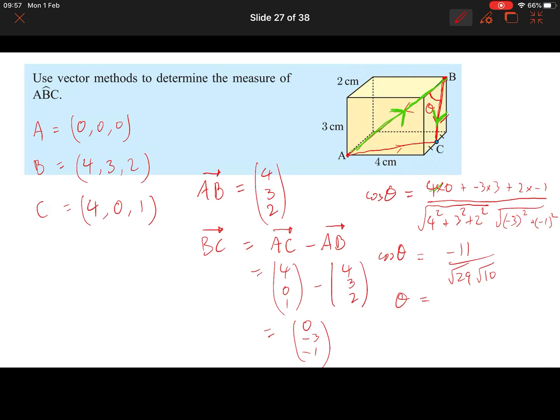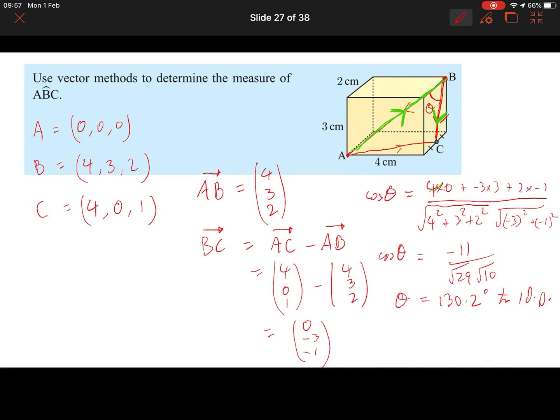Now I'm just going to throw that into a calculator. So you get minus 11 divided by root 29 root 10. Then shift cosine to the minus 1 of your answer equals 130.2 degrees to 1 decimal place, and I was right.